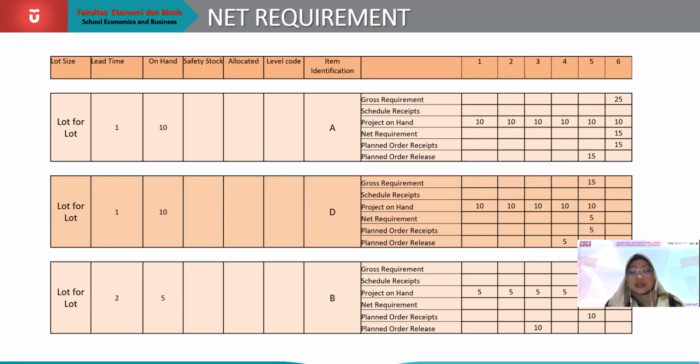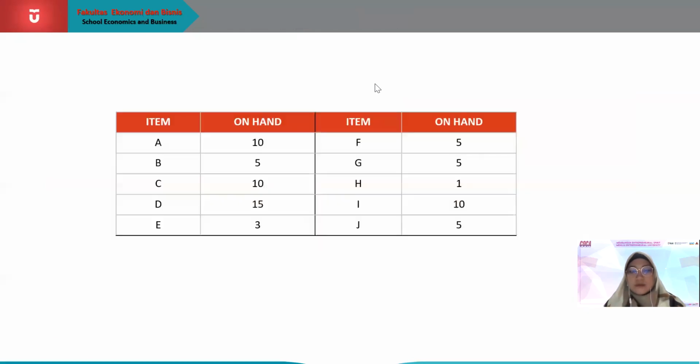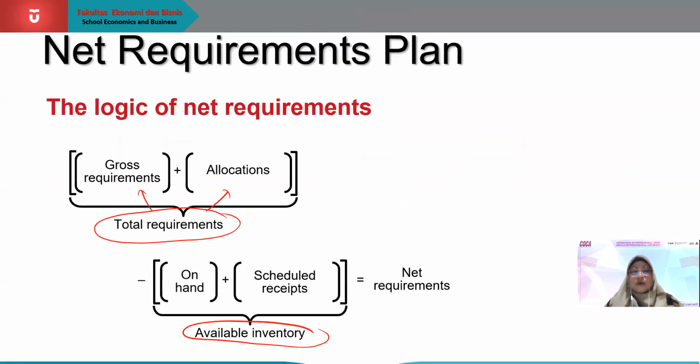Let me go back to the previous slide. You know that allocation is part of requirement, meanwhile schedule receive is part of inventory. Okay, so make sure that you take a note of this formula.